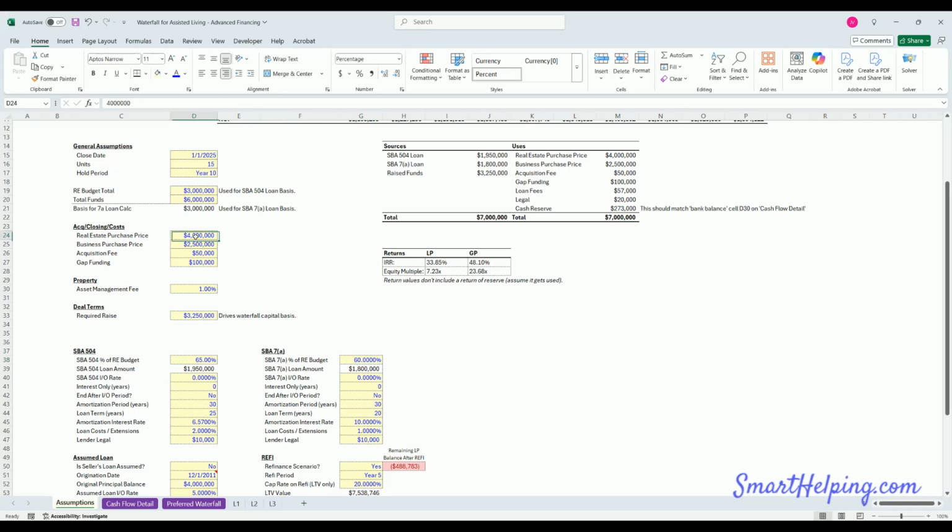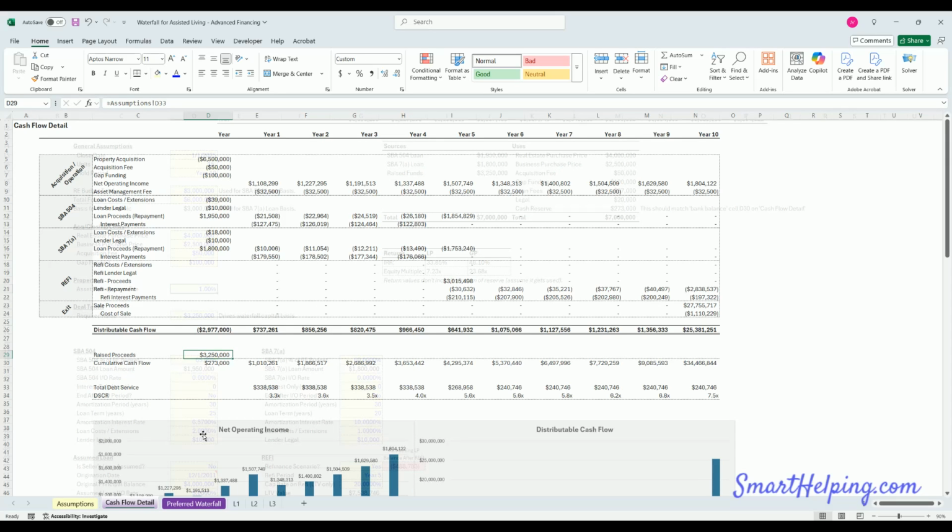Okay, then we have our actual costs. So real estate purchase price, business purchase price, acquisition fee, other funding, property management fee, asset management. This is for the GP if they're going to charge a fee. Let me look here.